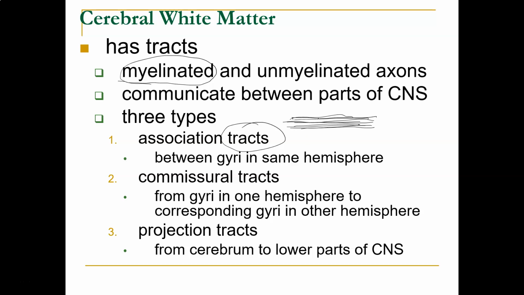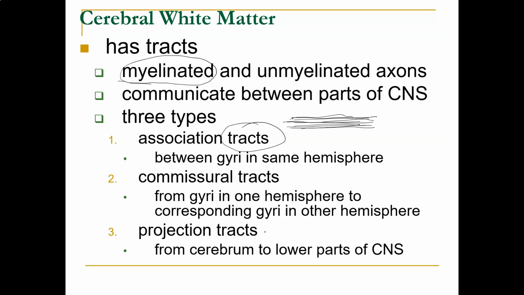If those fiber tracts are staying on the same side of the brain, say in the right half or the left half, then we call them association tracts. If they're crossing over to the other side but staying in the same part of the brain, like going from the right to the left cerebral hemisphere, we would call them commissural fiber tracts.